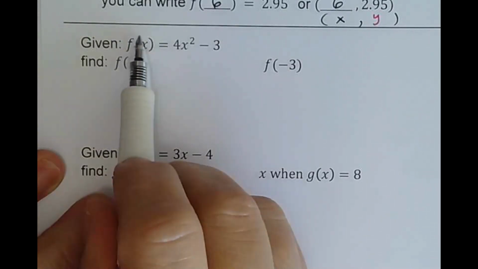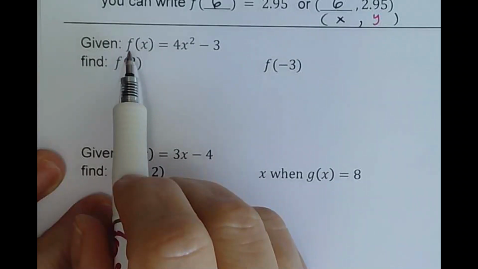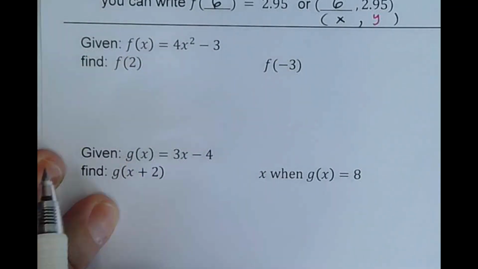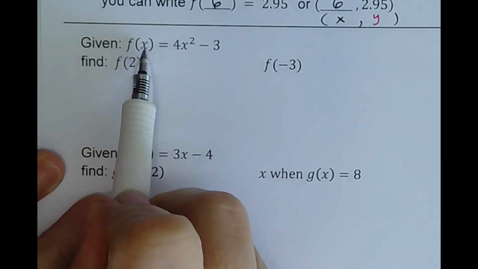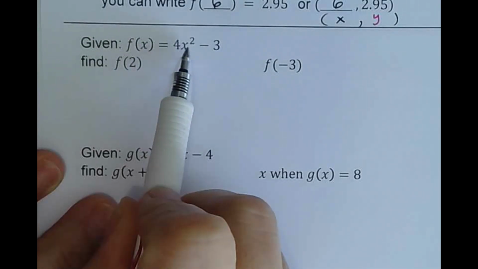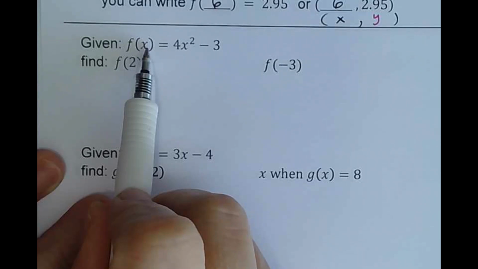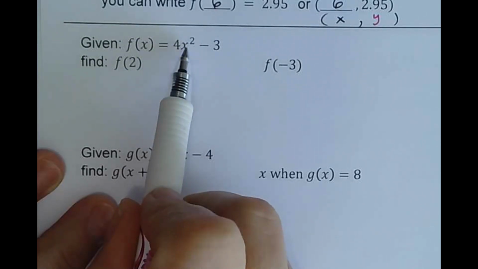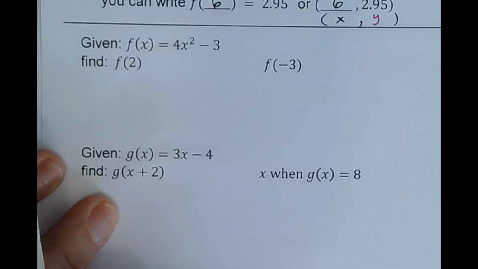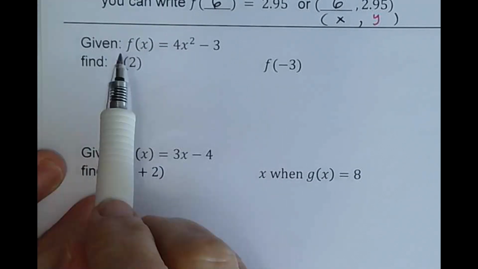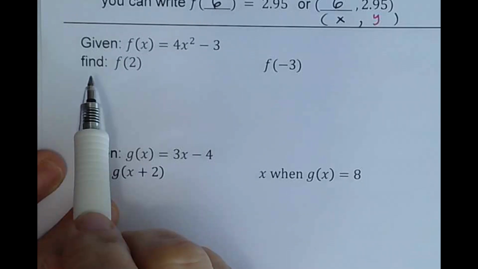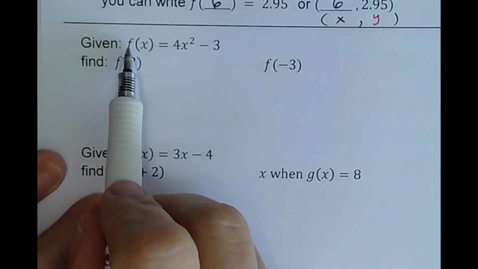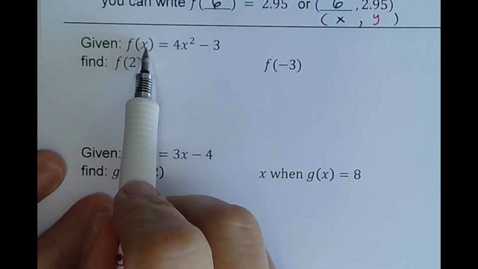This is telling me, yes, this equation is a function. Also, it defines that the variable I'm using in my equation is x. So that's why I have x here. If I had a different variable, n, or another letter, I could put f of n, and then that just means I have an n here.